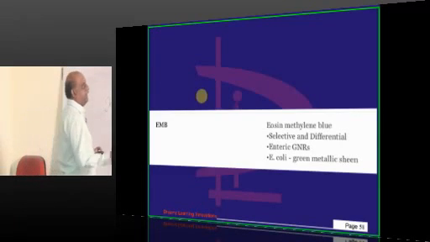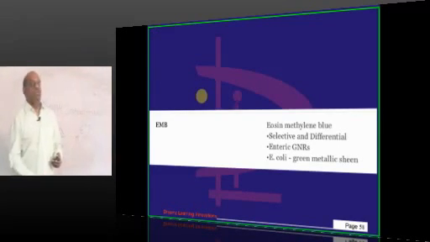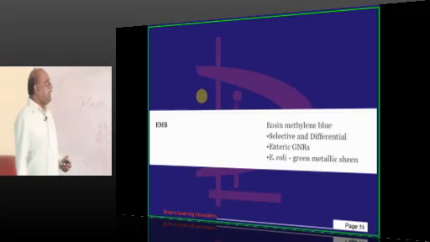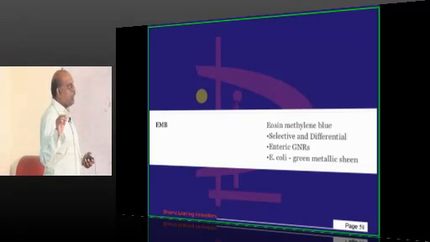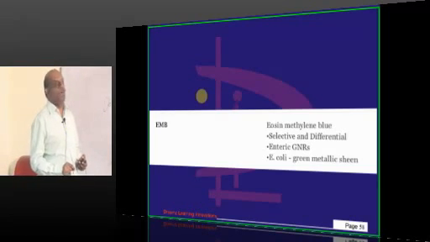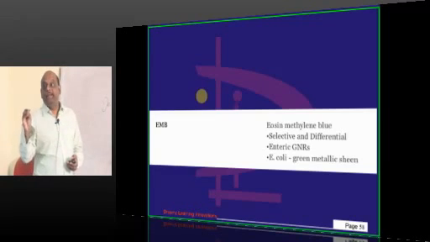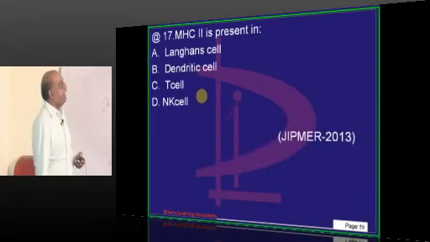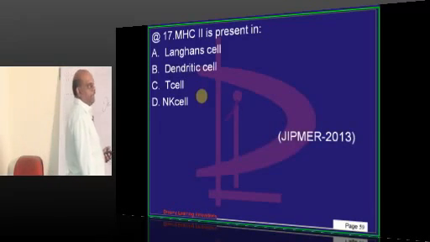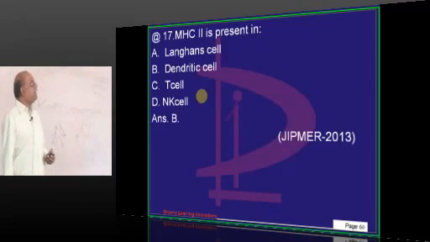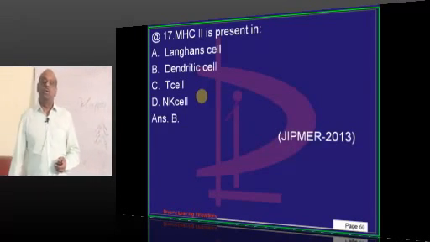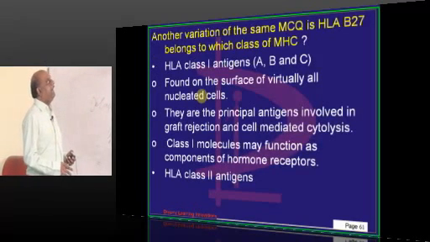So eosin methylene blue, it is used for detection of enteric gram negative rods. E. coli green metallic sheen will be there, is what you need to remember. MHC class 2, where is it typically present? So typically on the dendritic cell.